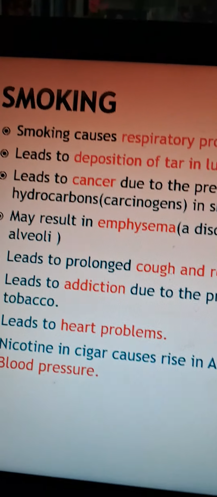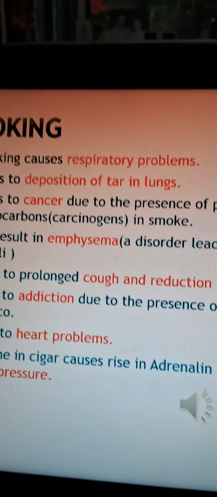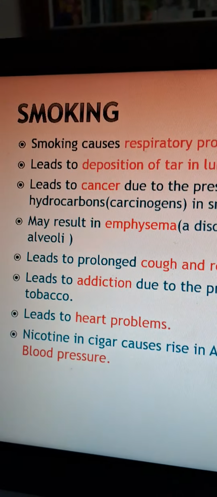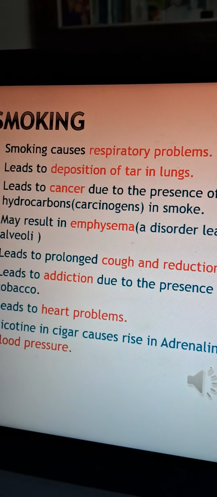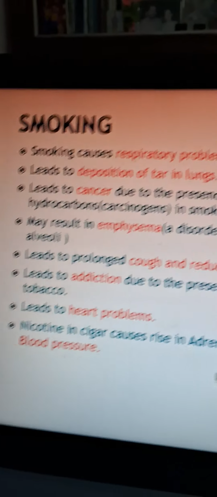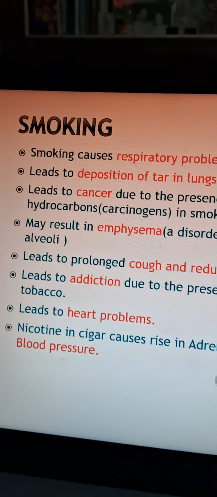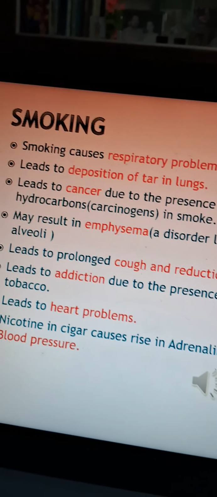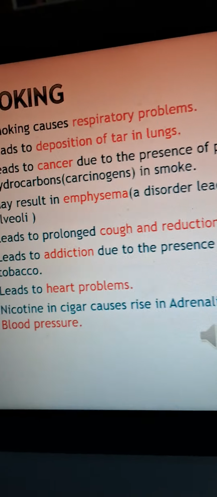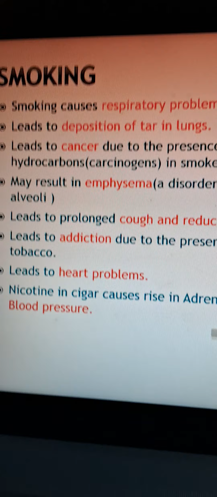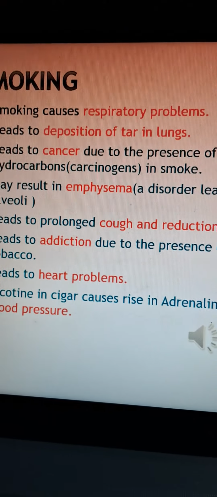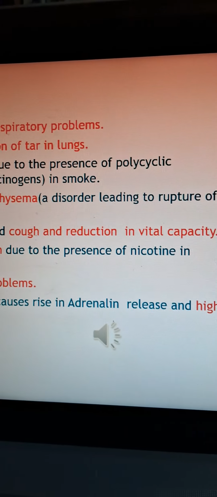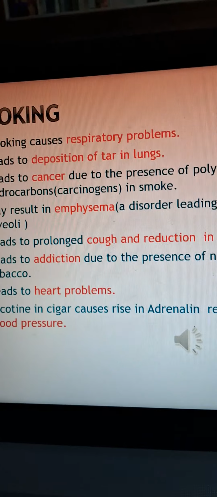Bad effects of smoking. Smoking causes respiratory problems, leads to deposition of tar in lungs, leads to cancer due to the presence of polycyclic hydrocarbons, carcinogens, in smoke, may result in emphysema, a disorder leading to rupture of alveoli.